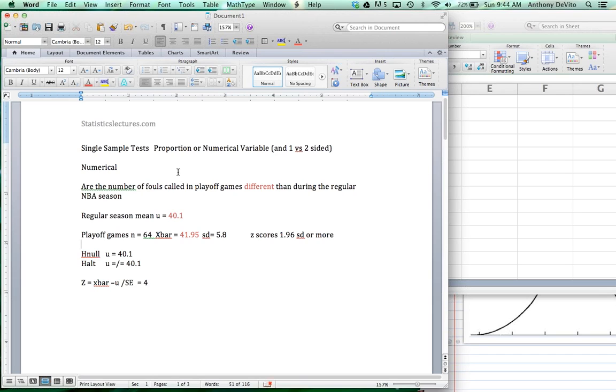But that's not what we started with. What we started with is that they were different, not necessarily that they gave out more or fewer fouls during the playoff games, but simply that they're different. So that's why we're doing a two-sided null hypothesis.